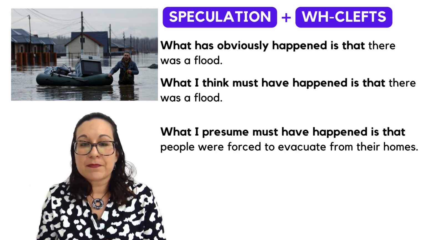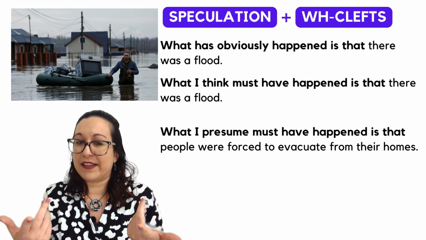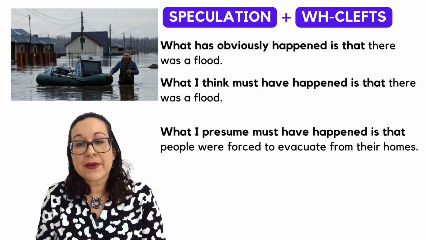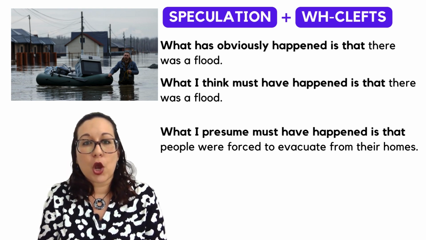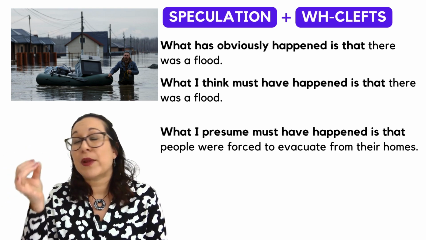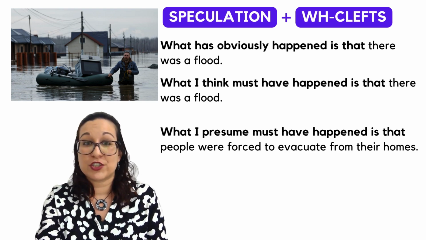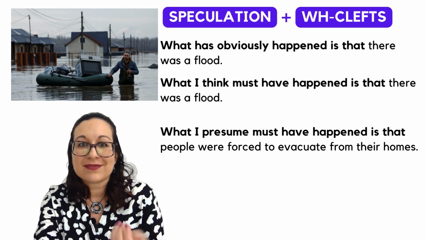So in this case, I don't know for sure, but I really think it's a good guess. What I presume must have happened is that people were forced to evacuate from their homes. You can evacuate a place or evacuate from a place. The point is they didn't really want to do this. They had to. At least that's what I think.